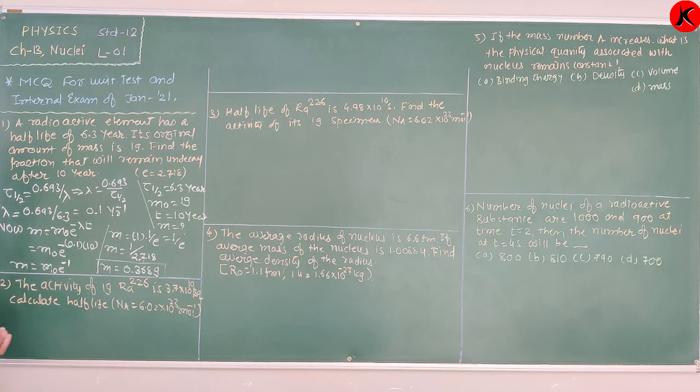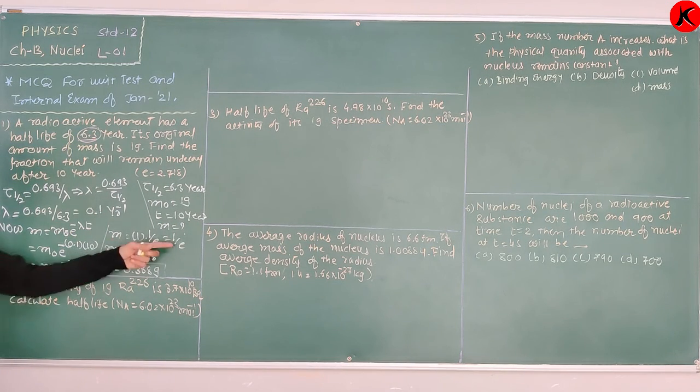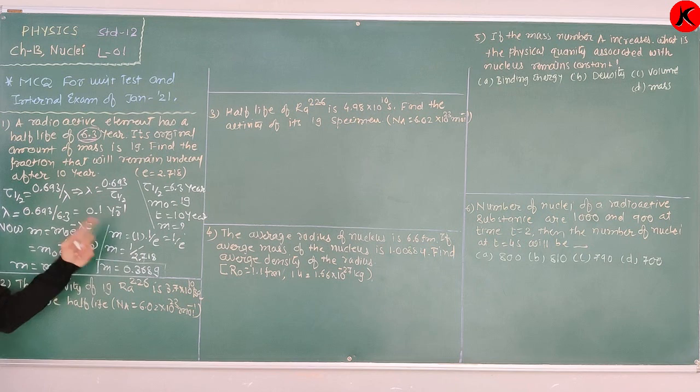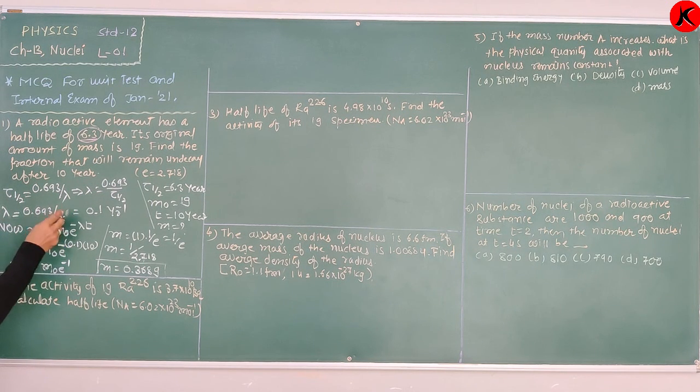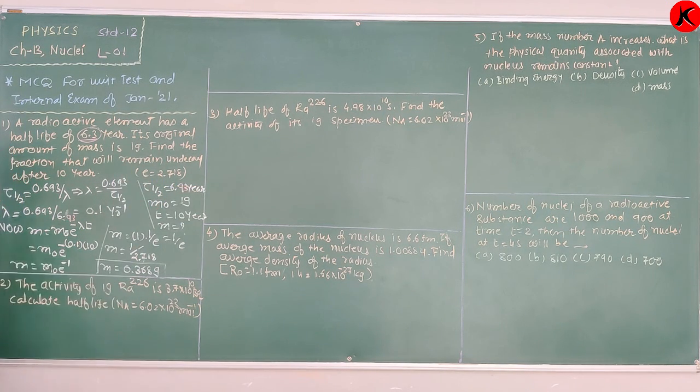Actually here the value of the half-life is 6.93, for simplicity, otherwise the simplification is quite tough in the power of e. So it becomes 0.1 year inverse.